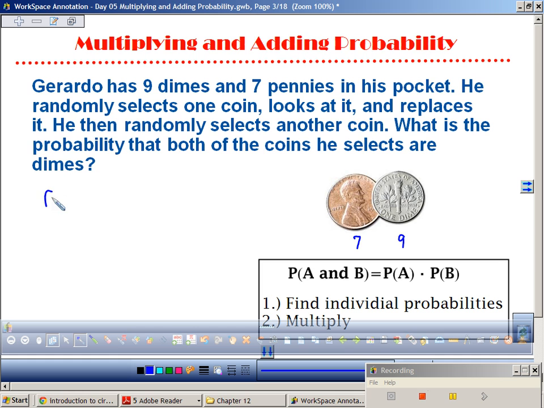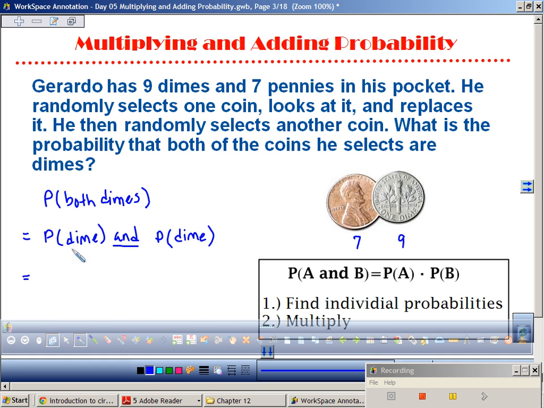So I want to know the probability of both dimes, which equals, there's 2 different things happening. Probability of him selecting a dime, and then, keyword here, and the probability of him selecting another dime.